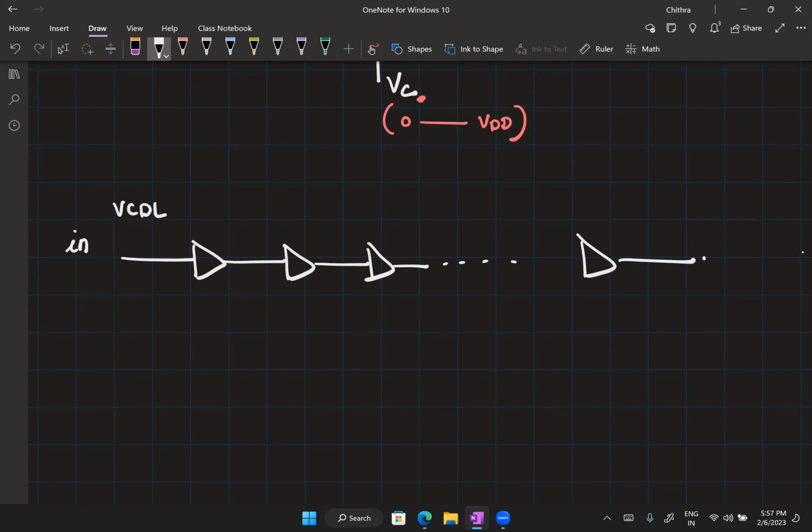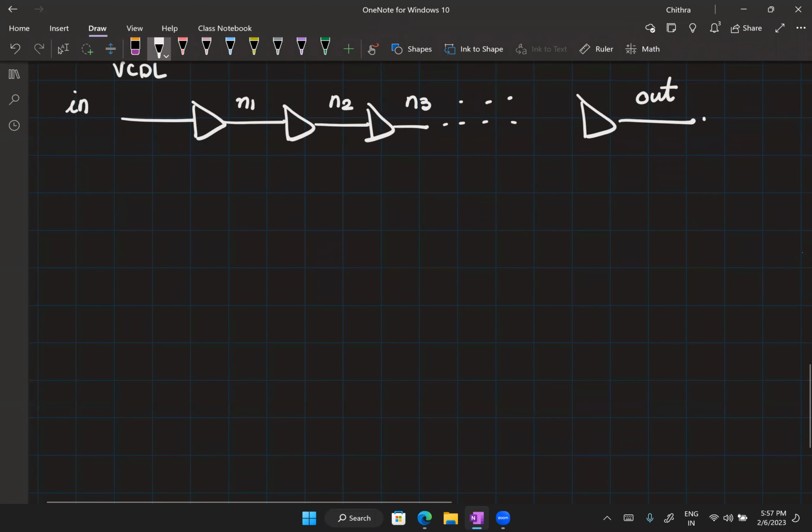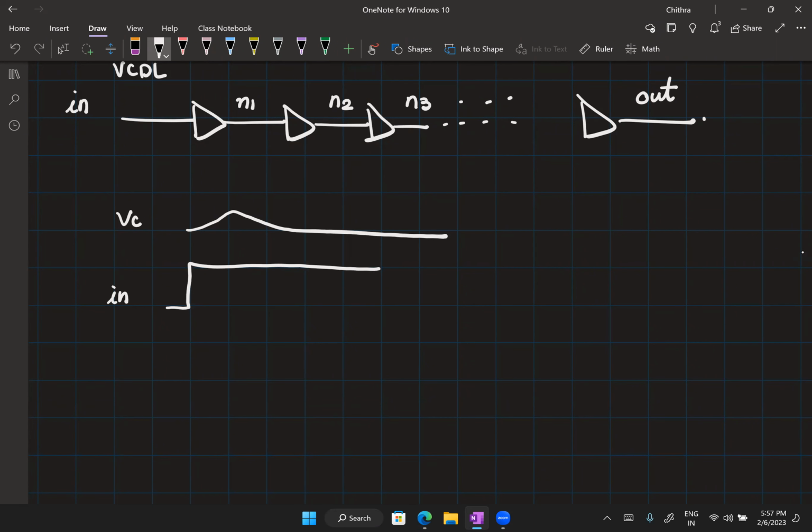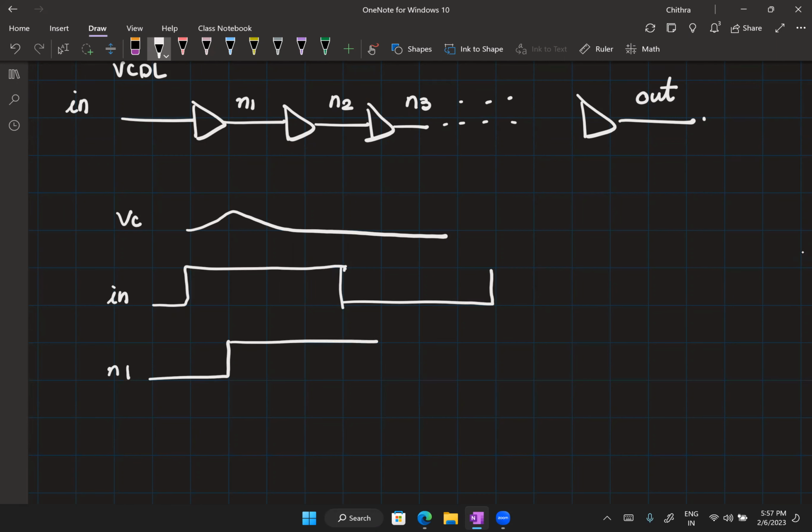Okay, so now let us look at our VCDL as a whole. Let's say this is my in. I'm calling this N1, N2, N3, etc. And then finally the out signal. Let me sketch out a VC waveform. So this is for one period. Let's say my in is like this. Now N1, let's say I use a delayed version.